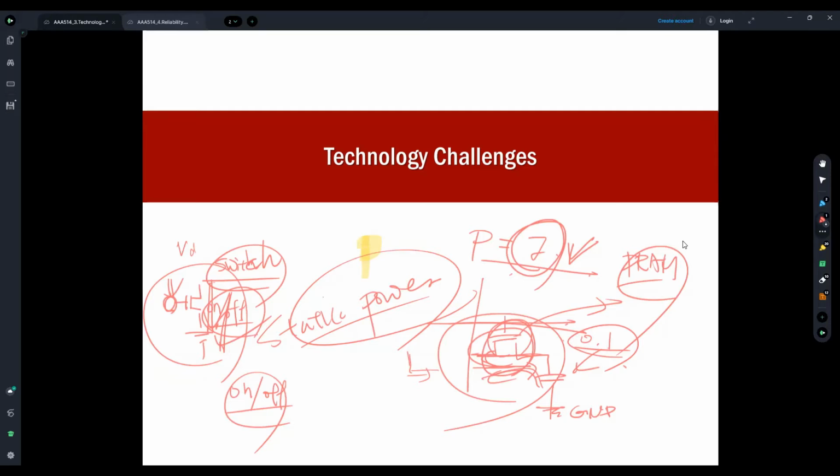The characteristics of these transistors are changing, which means the technology trend is also changing. So we need to focus on some different aspects of power consumption and some other costs in computer systems.